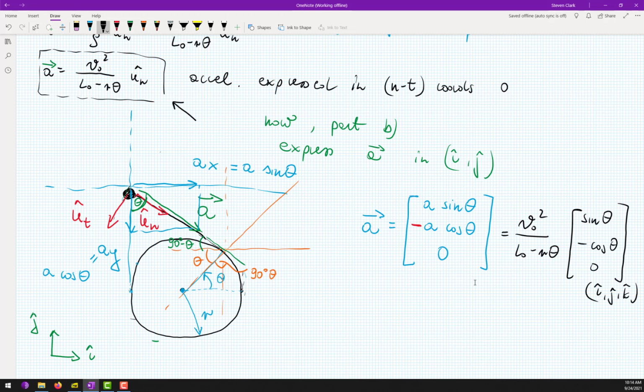And by the way, this will be our A expressed in n, t. So that would be 0, V0 squared, L0 minus R theta, 0 in t and k, sorry, t and k.